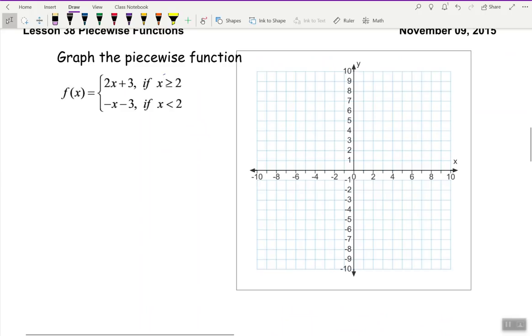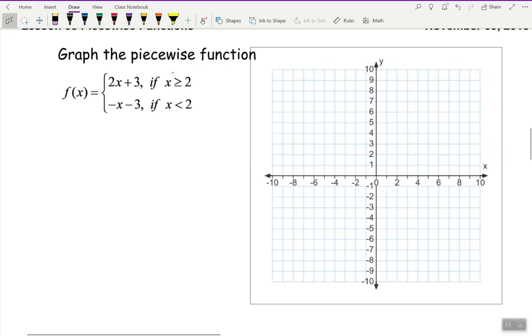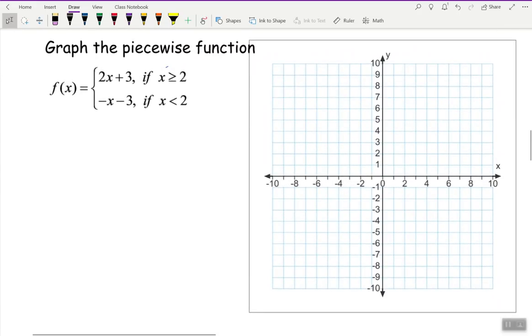So we only have 2 examples here for 38. First, this should be a review too, because we've already gone over some piecewise functions. So piecewise functions, if I'm going to graph this, let's do this in a different color.